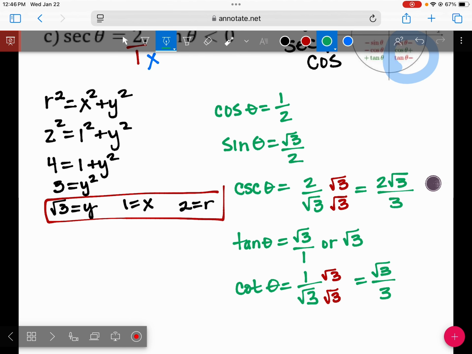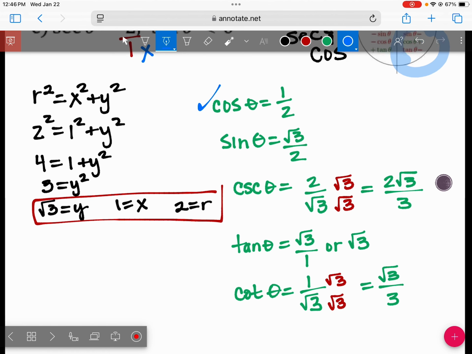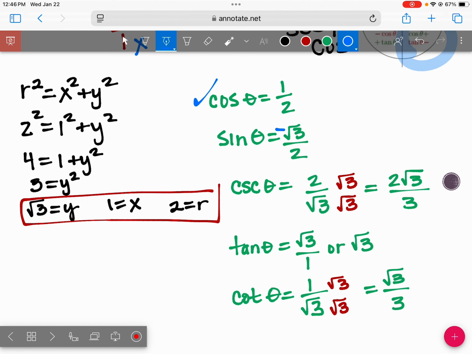And then the last thing I would do is go back and make everything negative except for this first one. This is the only one that can stay positive because we're in quadrant 4. So everything else we need to put a negative with. So this gets a negative, this gets a negative, this gets a negative, and that gets a negative. And that is it.